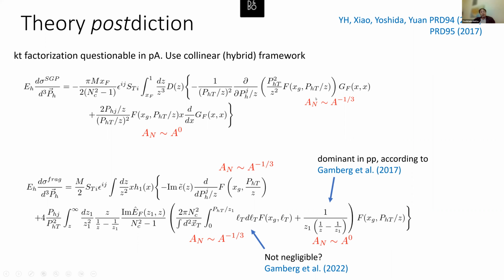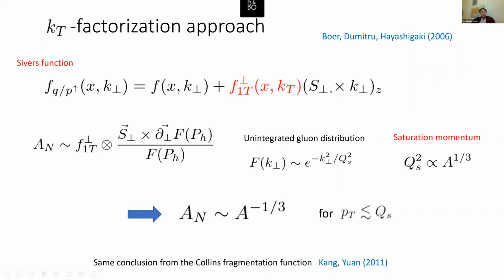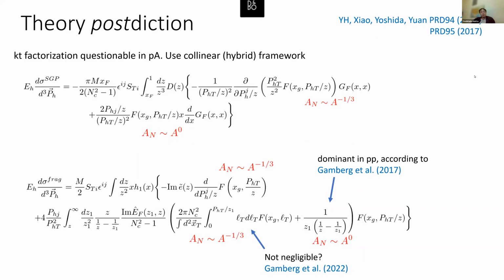The first line of the first equation is basically the analog of the kT factorization approach, so this term goes like A to the minus 1/3. However, the second term gives a different contribution, which is proportional to the gluon distribution function, not a derivative of it. This term goes like A to the 0, so there is a contribution which is constant in A.